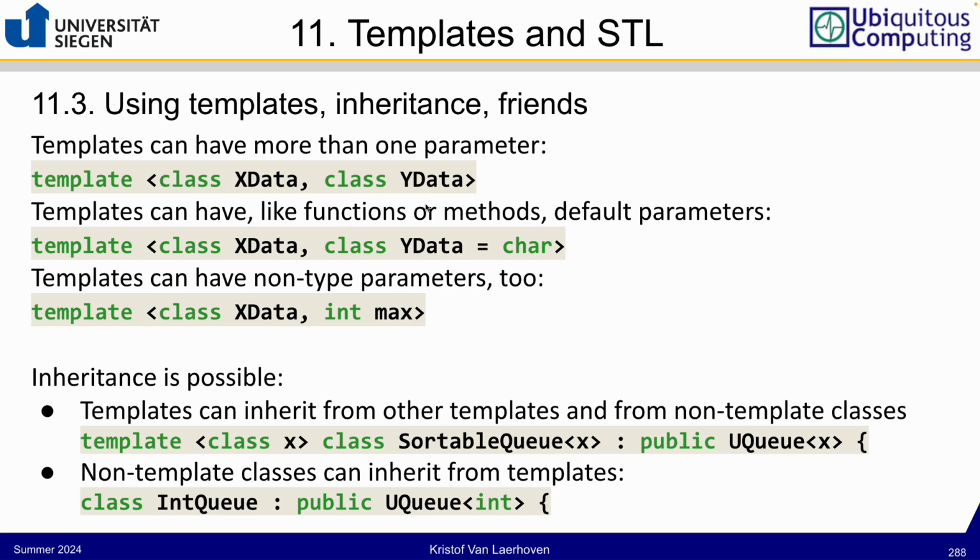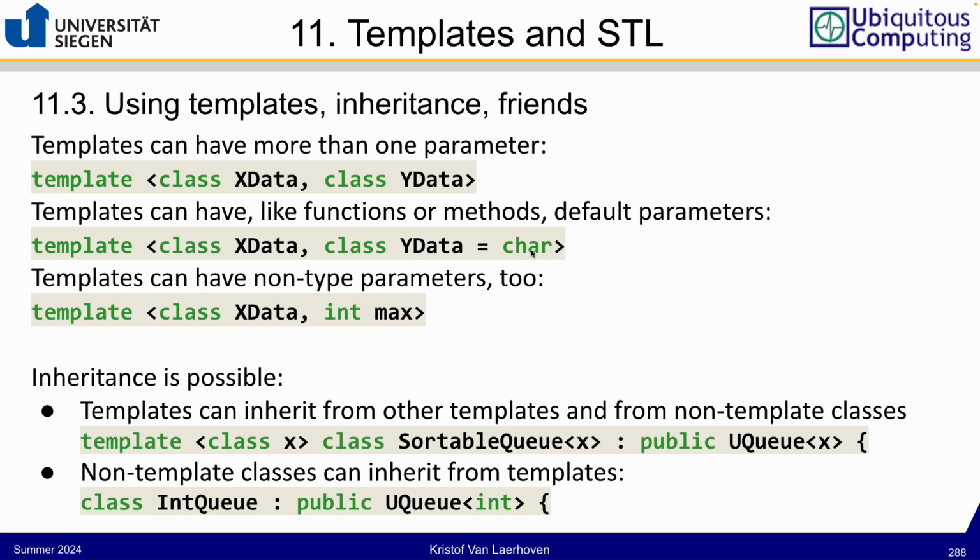You can also say that there's a default type for those. So if the user afterwards is only providing one of the template parameters, then the other one will be chosen as a character in this case, because we provided this as the default. It's very similar in syntax to how you have default parameters of a function or default parameters of a method of a class, right? So you just say this is char. This is not a variable.